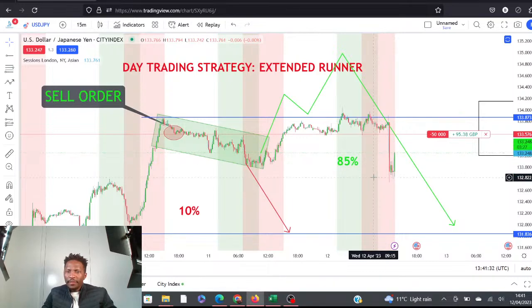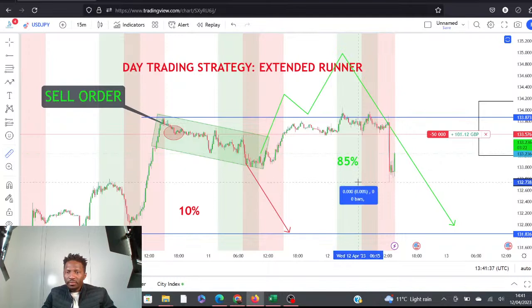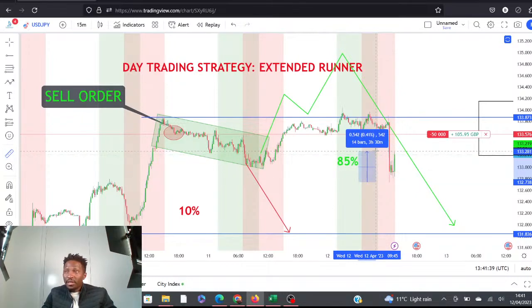Quite a strong pullback. Pullback over 50 pips now.